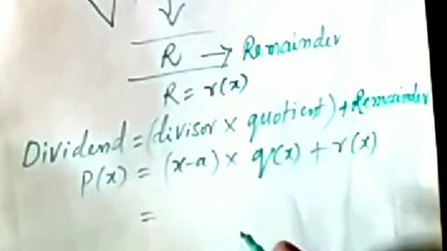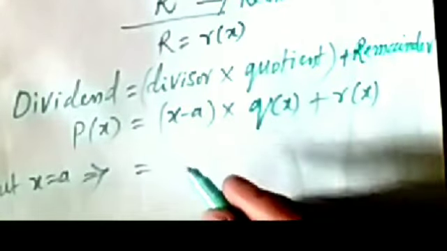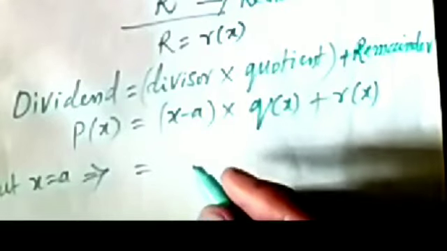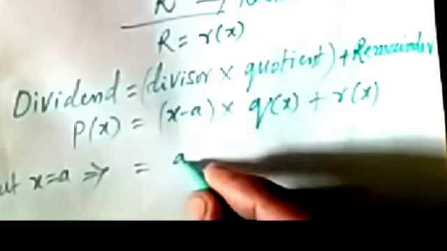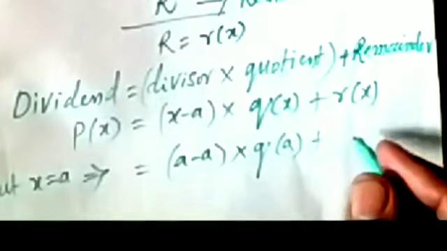Now how can you simplify it? As usual, we take x minus a equal to 0, then x equal to a. Substitute a in place of x, so wherever you find x, put a there. a minus a into q of a plus r of a.